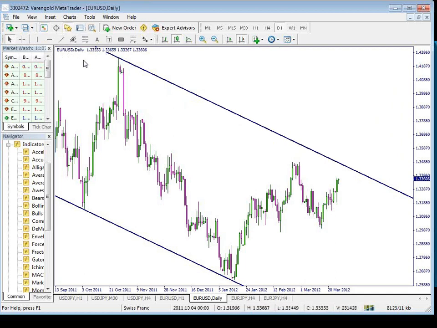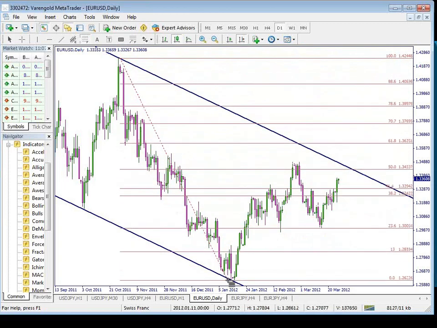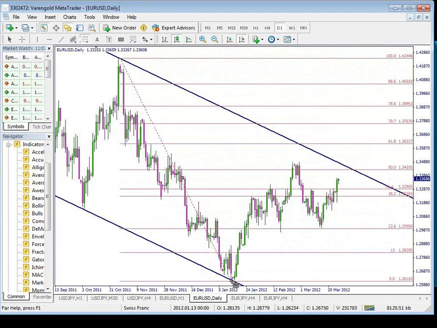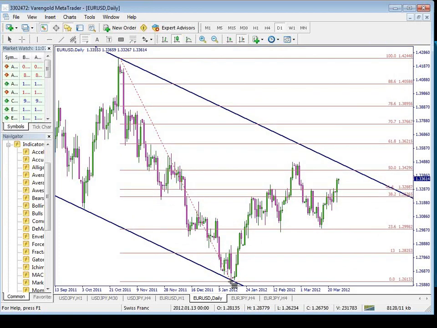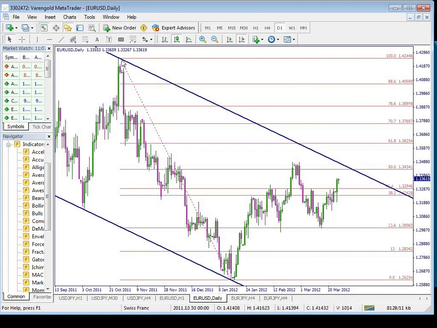Remember that we are on daily, so I will draw Fibonacci on the last wave. And we can see that it's possible to have this intersection with the line at that 50% Fibo level.